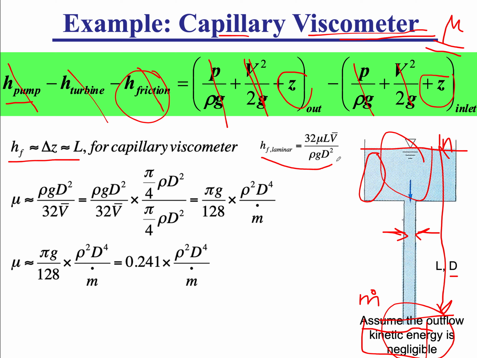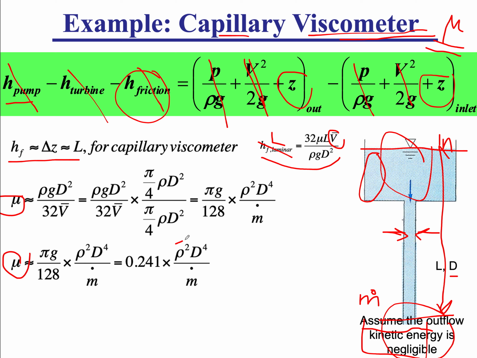But we found the laminar friction head loss. You equalize it, so you set this to L, and then you rearrange. So we have a velocity which we're going to turn into mass flow rate, and we'll take the viscosity to one side because it's a device to measure viscosity, and we end up with this relationship.